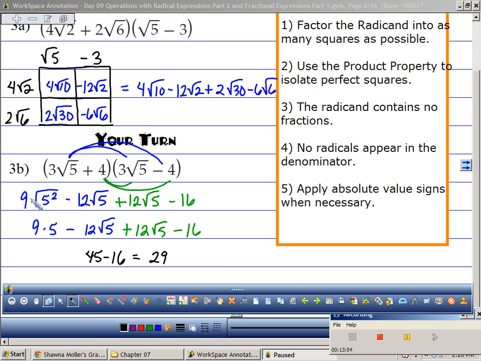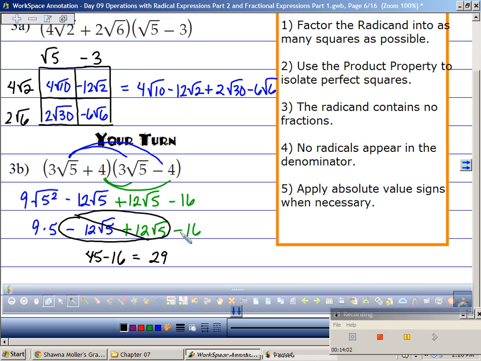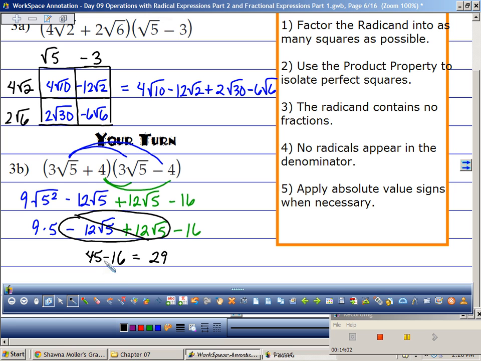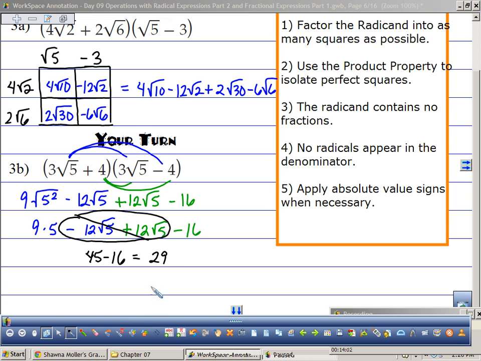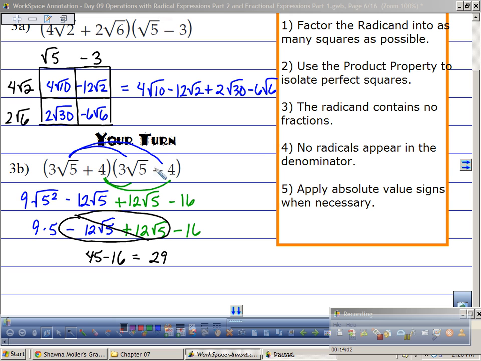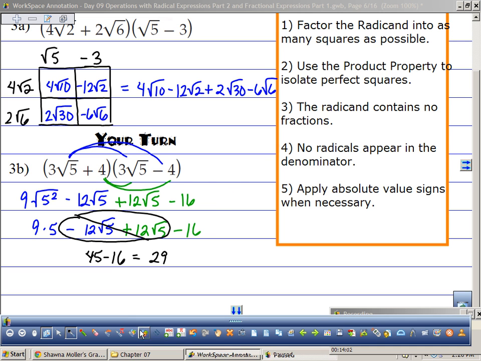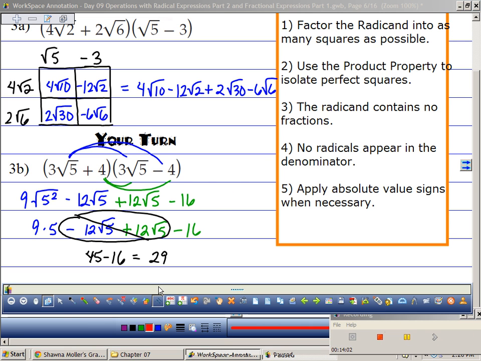Okay, then 9 times, the 5 comes out, it becomes 9 times 5. Negative 12 root 5 and positive 12 root 5 cancel each other out. Minus 16, so 45 minus 16 equals 29. Or, as I heard Caro say, if you would have originally looked at it, check this out.